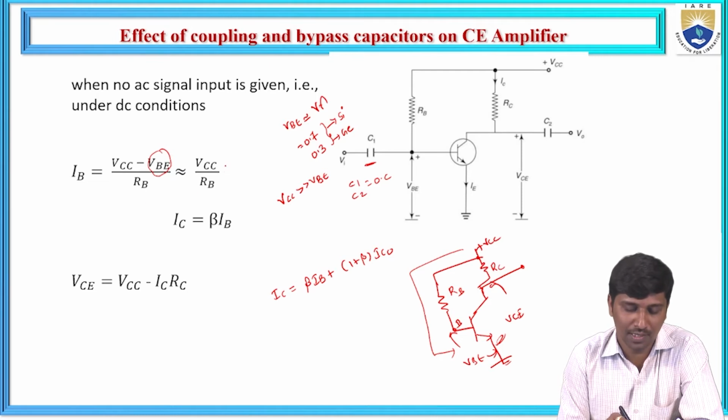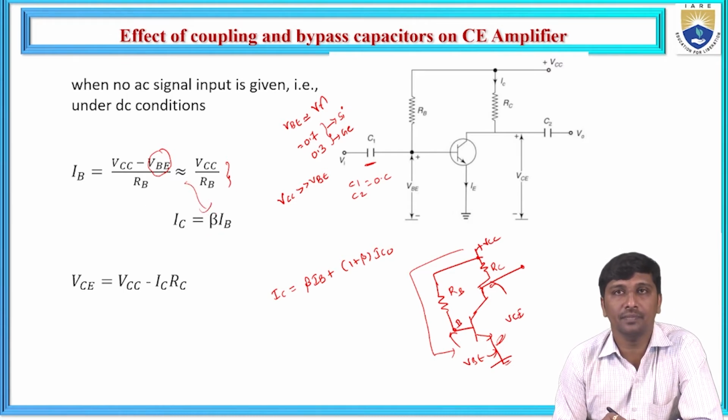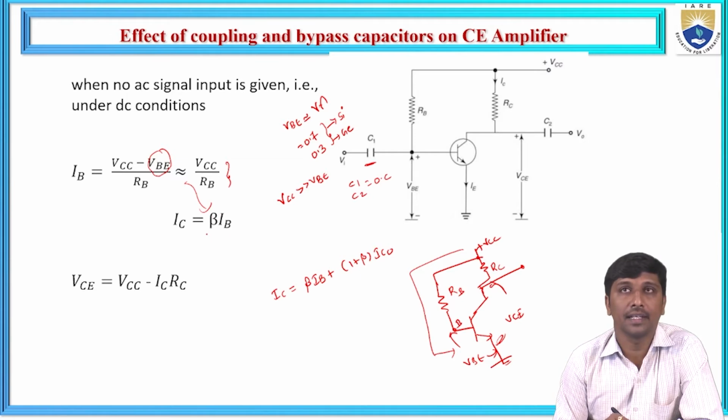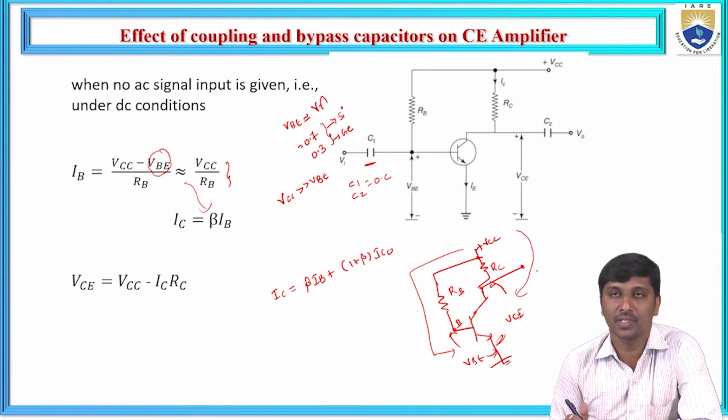Hence, IB is represented as VCC by RB. Now we know that IC is equal to beta times IB. You can substitute this IB to identify the collector current.